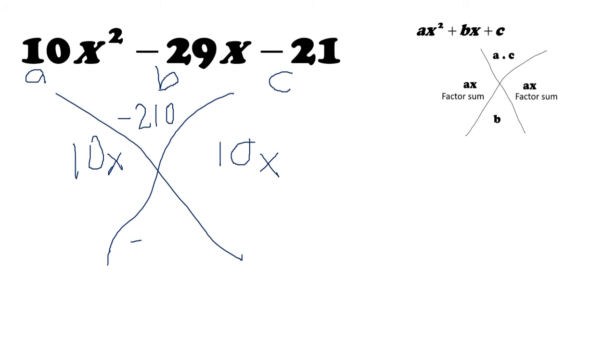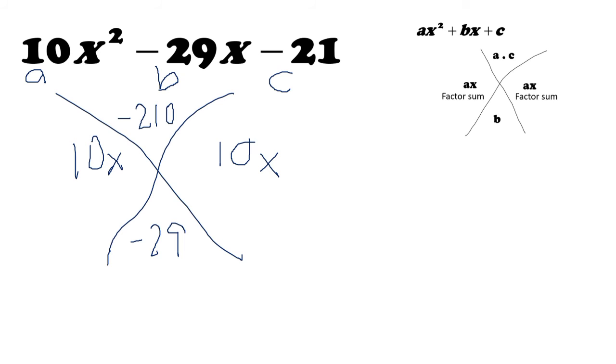And then copy the negative 29, because the value of b here is negative 29. That should be written in the lower portion of our diamond box.